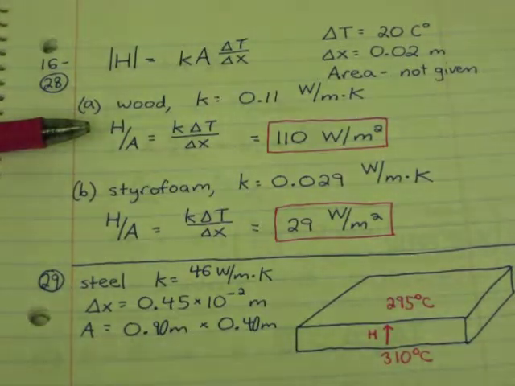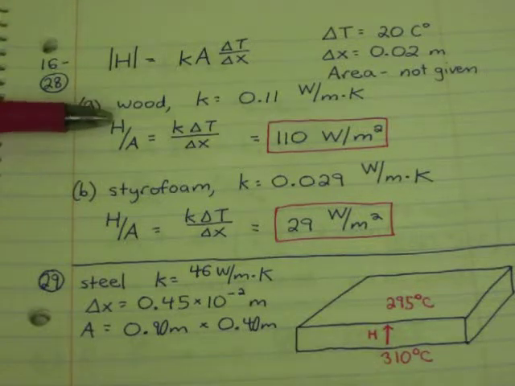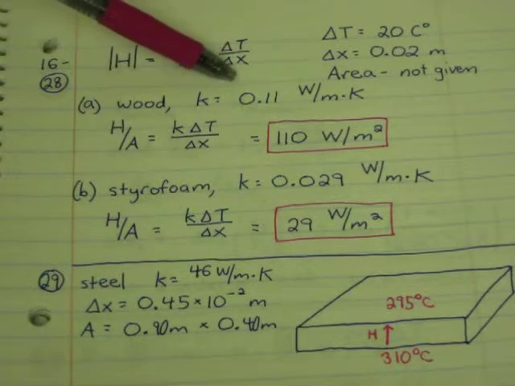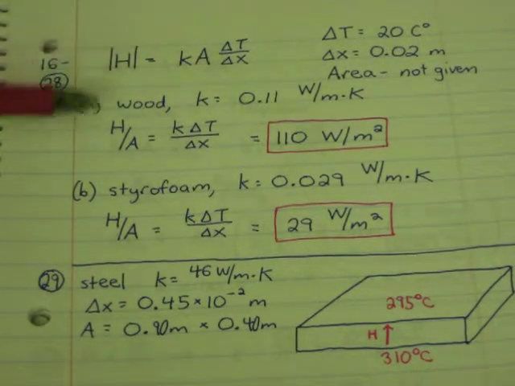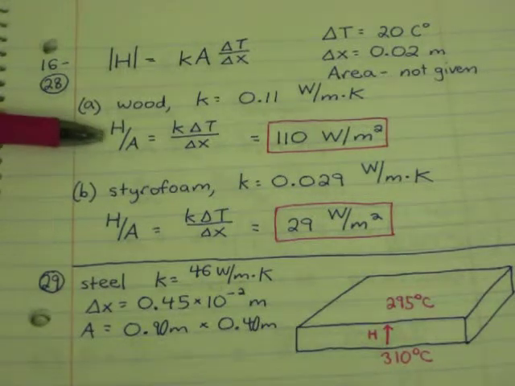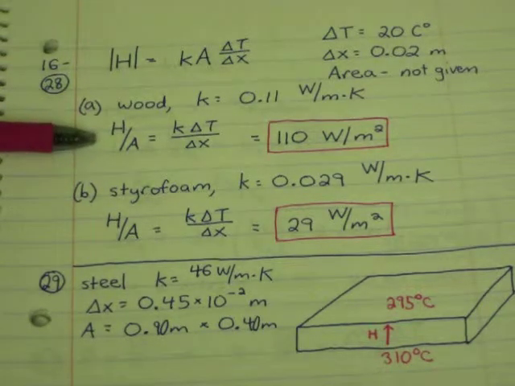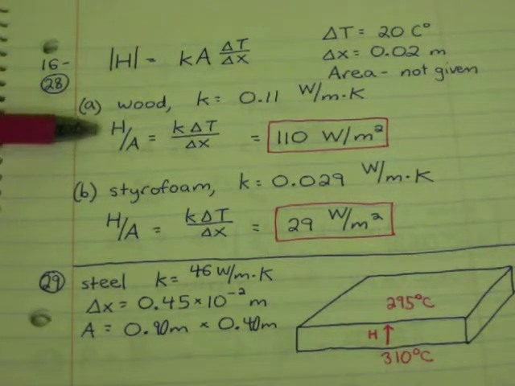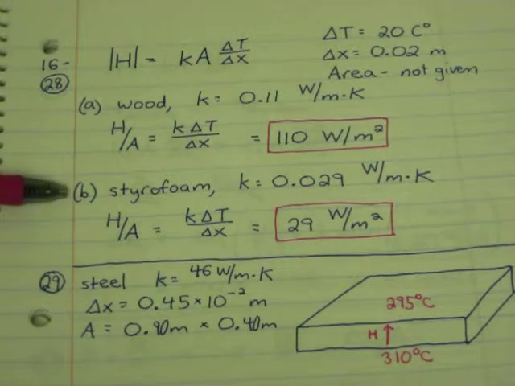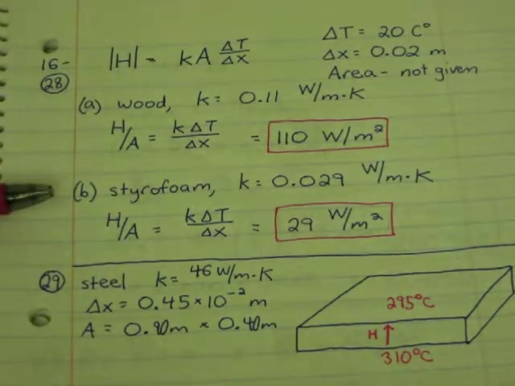For wood, we have K of 0.11 watts per meter Kelvin. You can find that in the table in chapter 16. And what we get is 110. Now, H is given in watts, but we're doing H over A, so 110 watts per meter squared. Styrofoam has a much lower K, 0.029 watts per meter Kelvin.